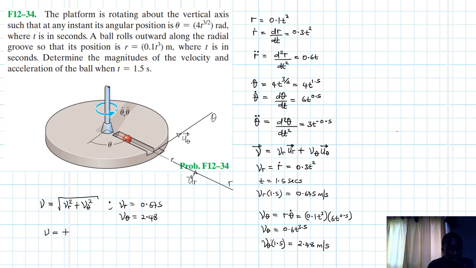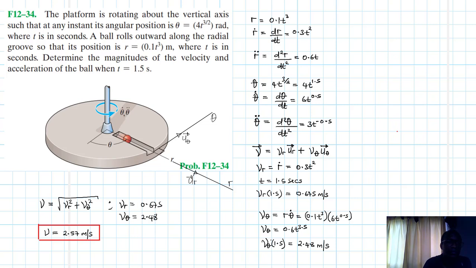This gives us 2.57 meters per second. Alright, so this is the magnitude of our velocity.